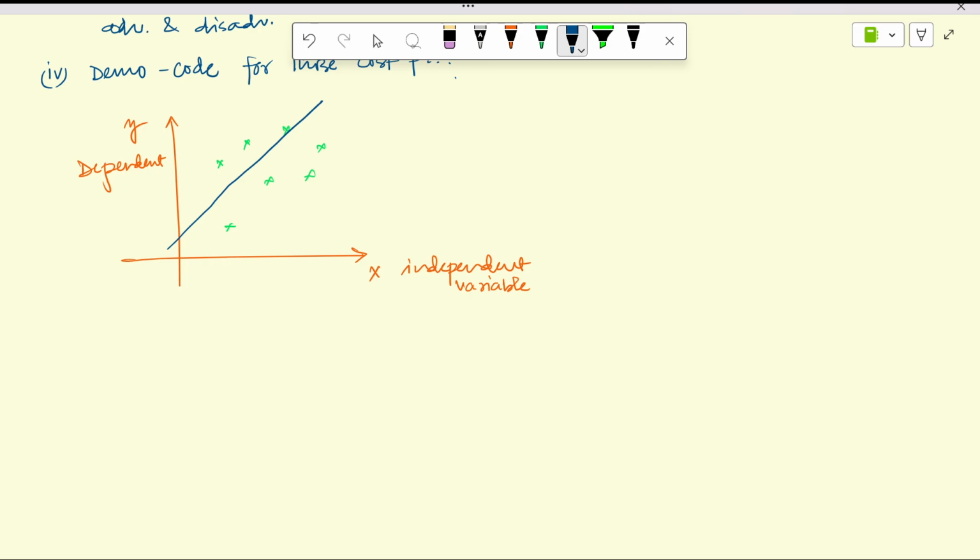Here, this is simple linear regression. Here you see, we try to fit a line to predict our dependent variable. This is actually the main motive of regression.